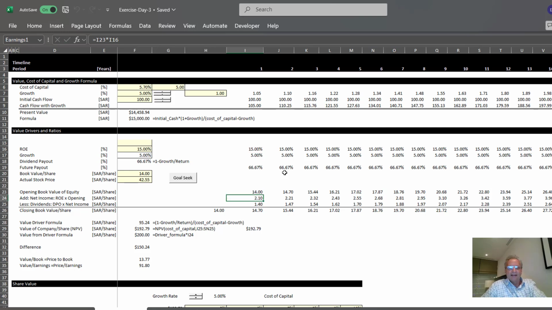ROE is income divided by book value, so income is ROE times book value. And then the dividend payout ratio is 1 minus g over R, and we get our closing balance. And that closing balance grows faster, and if it grows faster, our earnings grow and our dividend grows. And we get all of these relationships, and it's just mathematical, and it works.